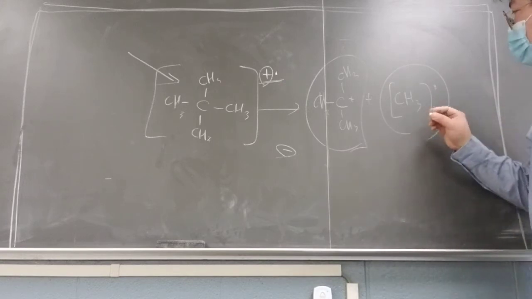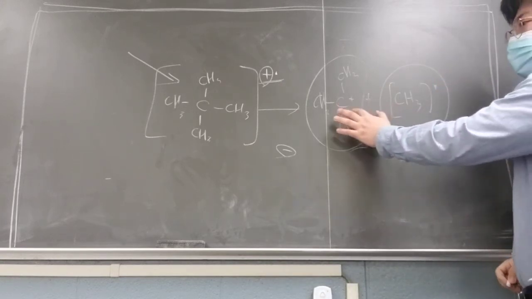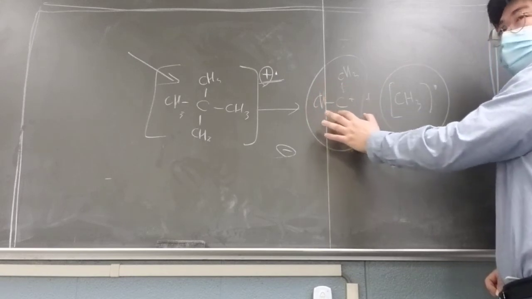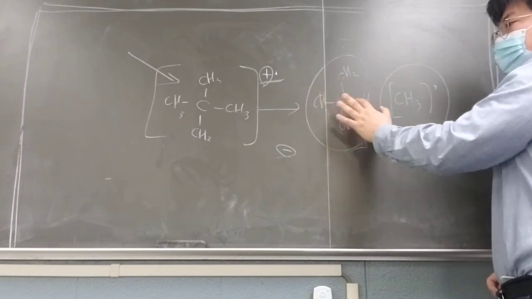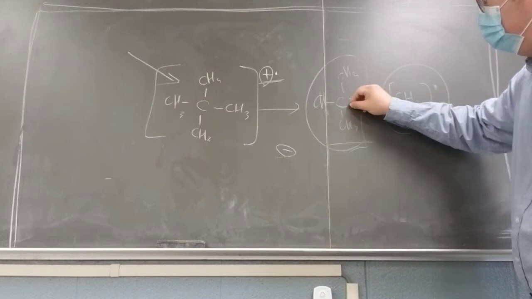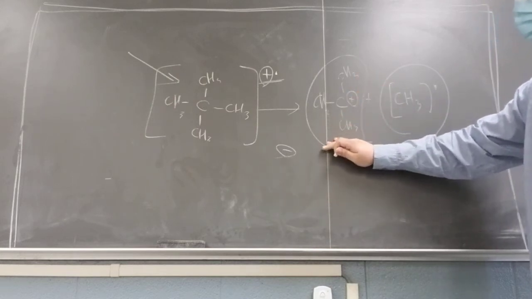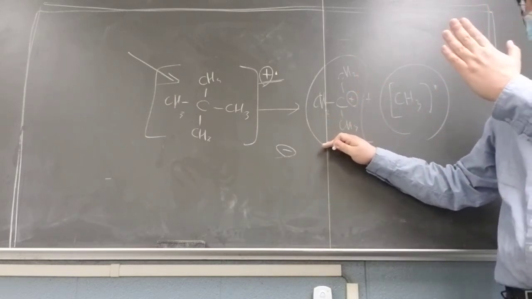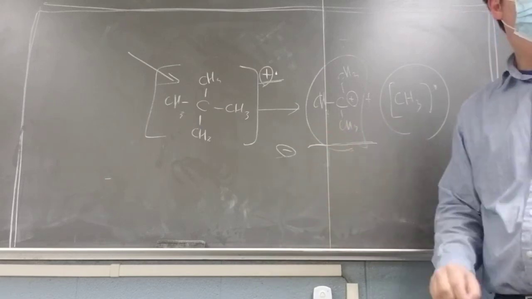But it's always going to be the one that has more substituents on this R carbon here that will carry the positive charge, and this is the peak you're going to find in the mass spec.